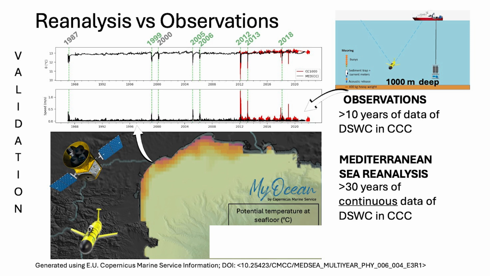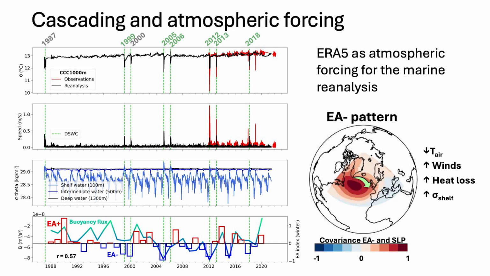And next, please. So we get more than 30 years of a time series with the cascading events, and these are validated with the observations. So what we do here is try to deduce what was the atmospheric forcing for those cascading events when the shelf water was denser than the deep water.